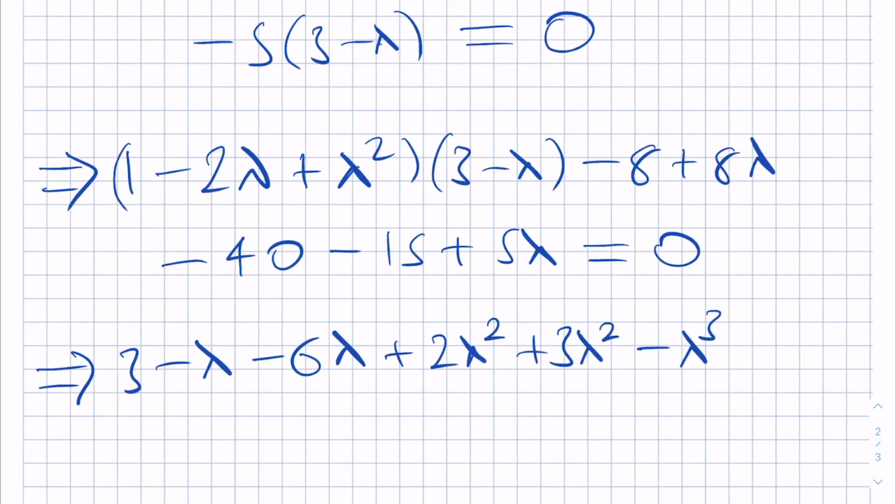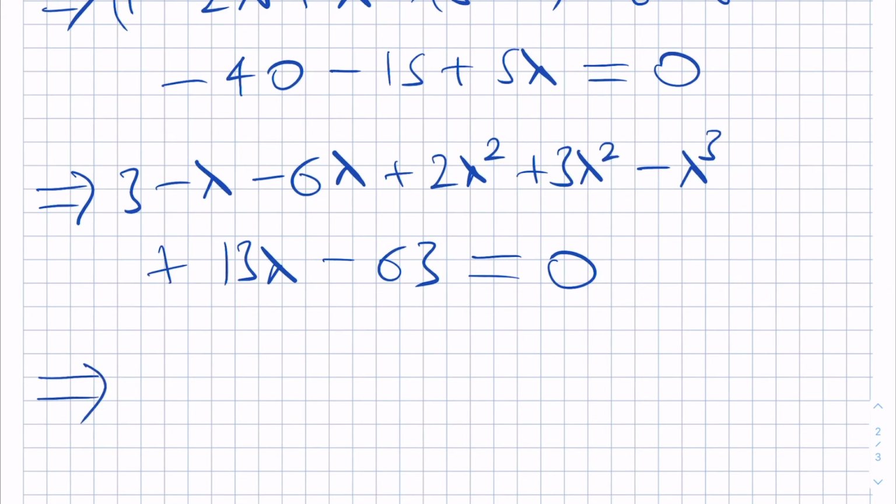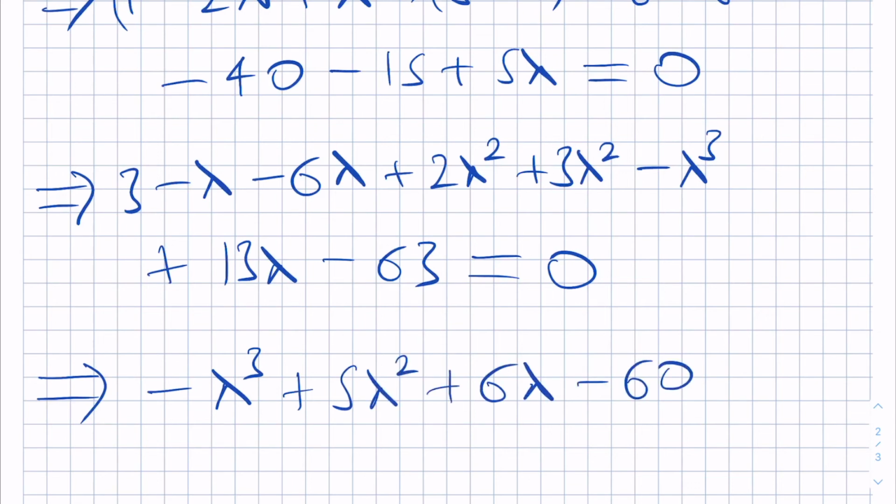In doing so, we will get a plus 13 lambda from the 5 lambda and the 8 lambda, and then we'll have a minus 63 from all of our constant terms here. Again, this is still equal to 0. If finally we collect all of these terms together, we will get minus lambda cubed plus 5 lambda squared plus 6 lambda minus 60 is equal to 0.